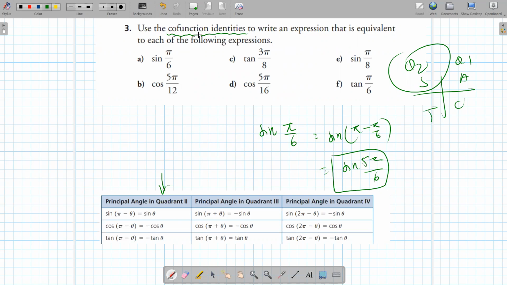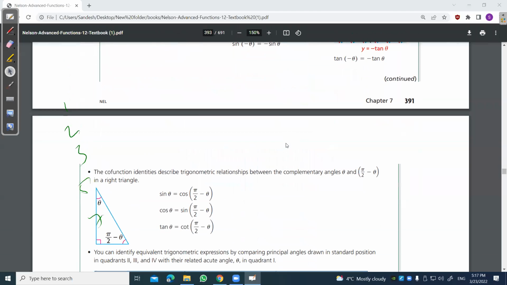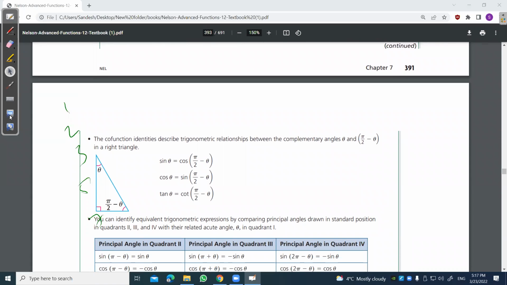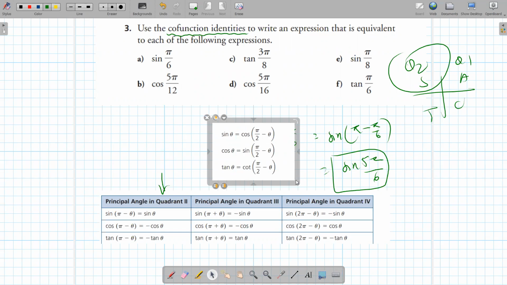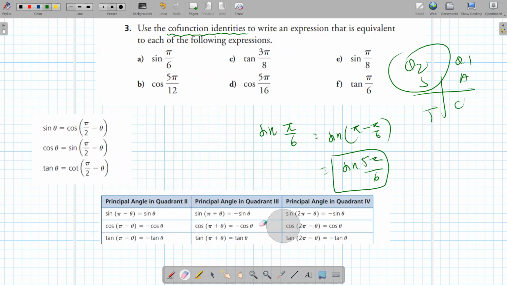I can write this in terms of cosine, but I don't have the thingamajig. I guess this one. You're right. We can use this one. I'm just trying to see if I'm tripping or not. No, you're not. I was using the one on the bottom.